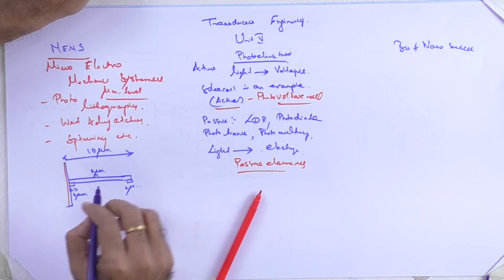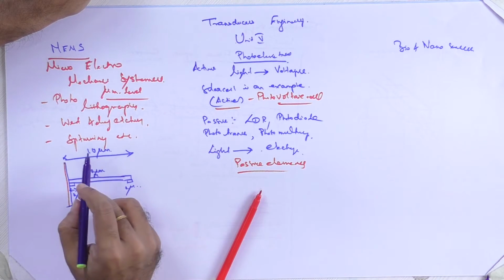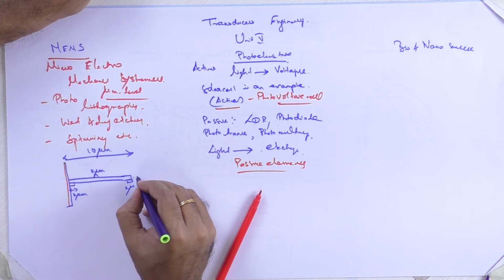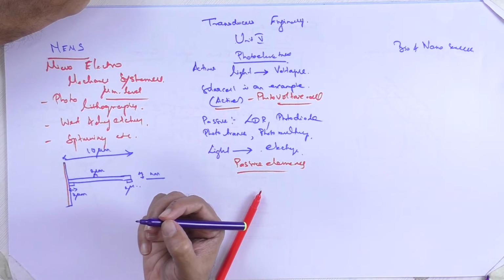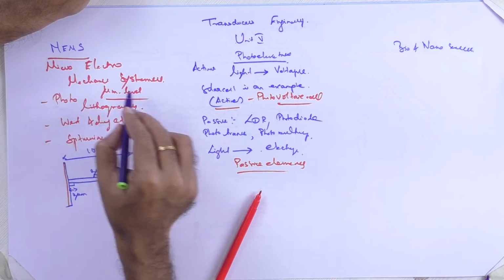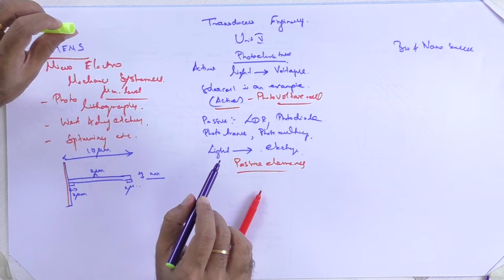So this type of cantilever beam, which is of 10 micrometer length and a breadth of only nanometers, I can say, can be made only using micro electromechanical techniques of photolithography and wet or dry etching.